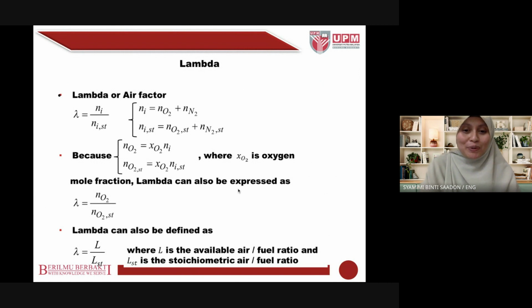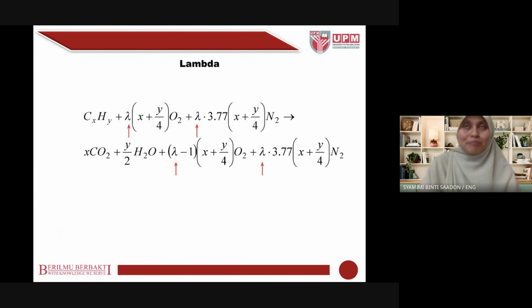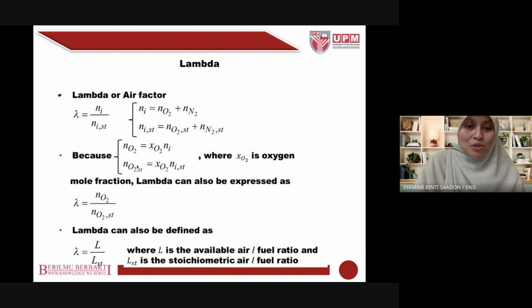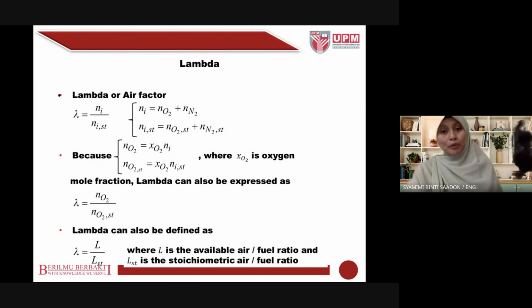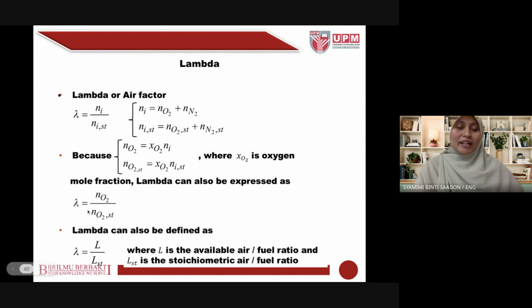It is for us to know the theoretical, the stoichiometric value just now. Depending on the number of moles, n is the number of moles of our hydrocarbon fuel, and the reactants and the products. So we can calculate lambda.